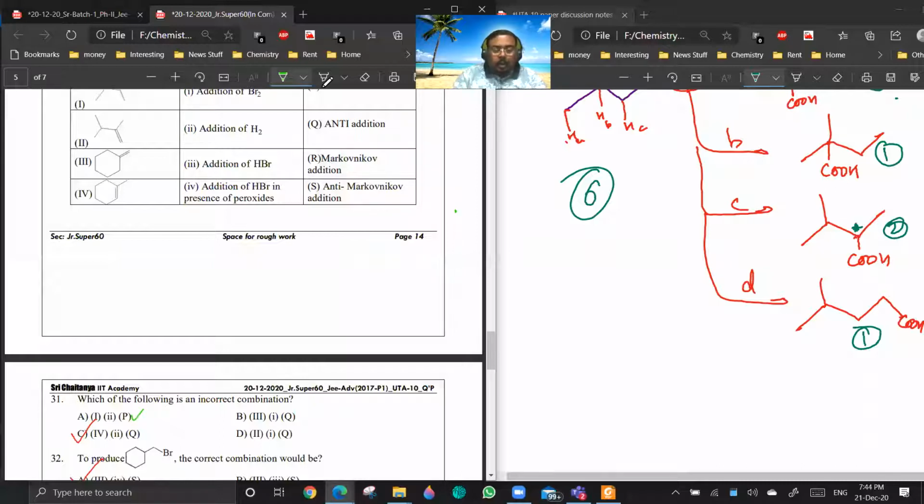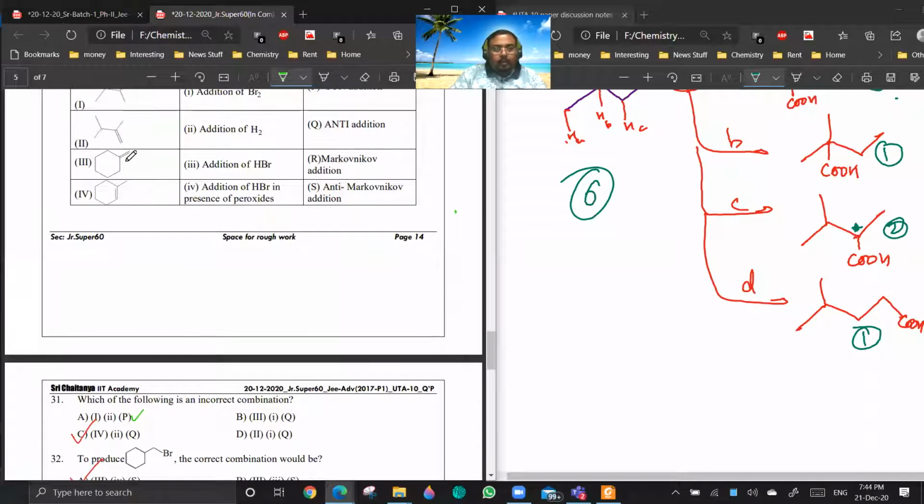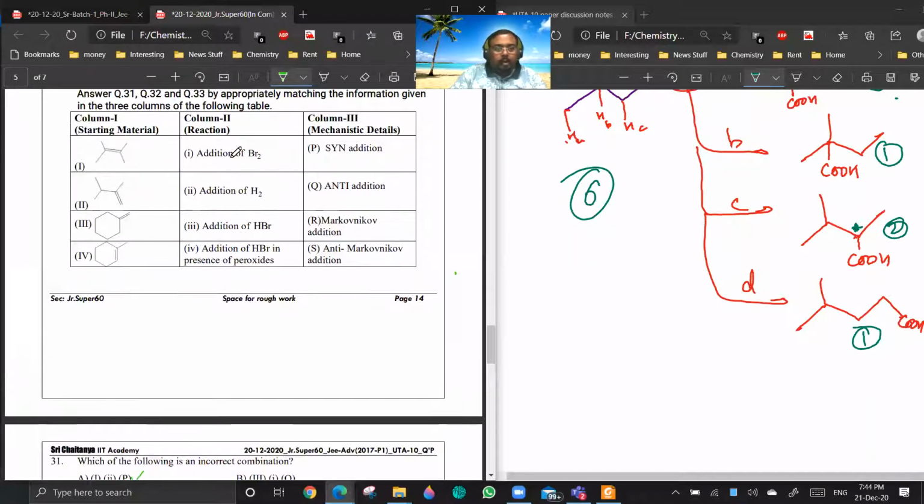They are asking incorrect. Then you have 3, 1q. 3 is this, 1 is Br2, and q. 3, 1q is also correct. Bromination is anti. Yes or no?